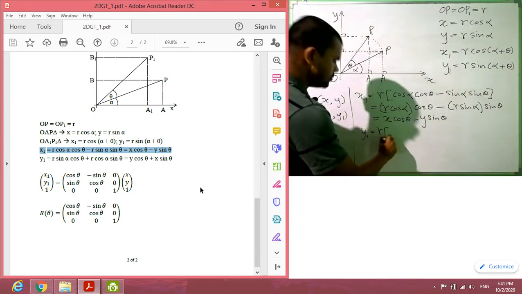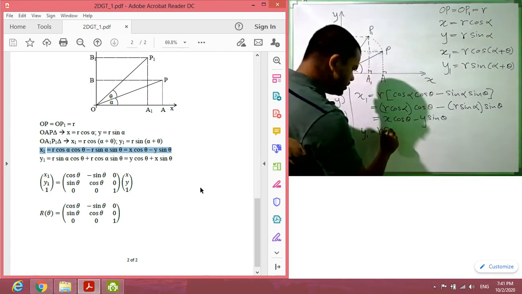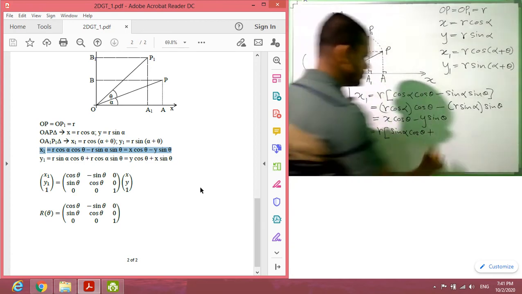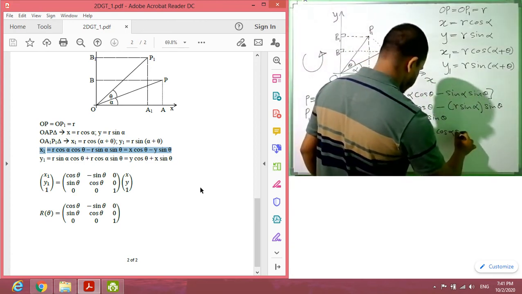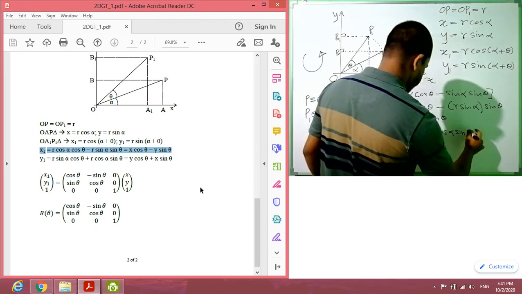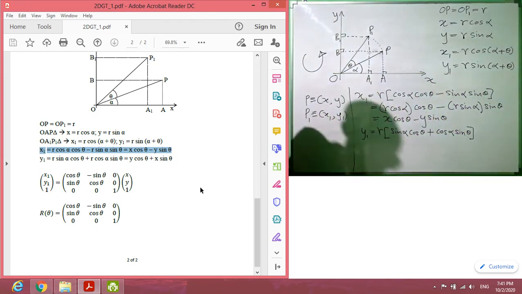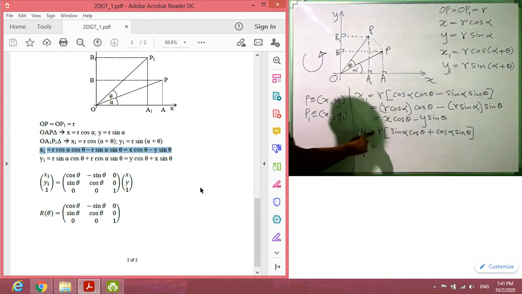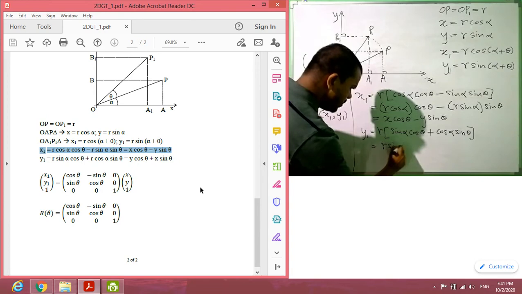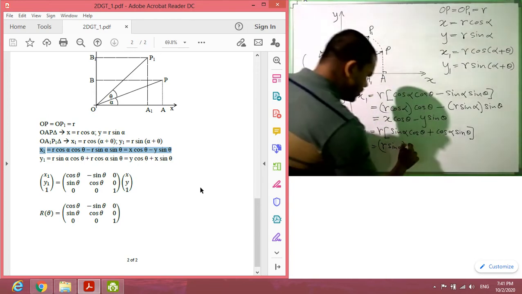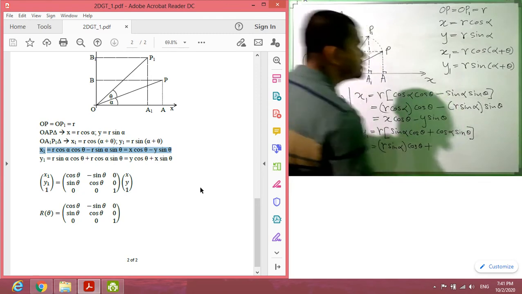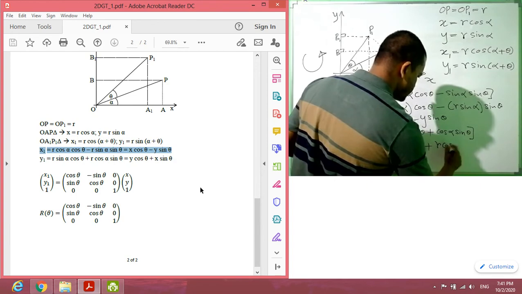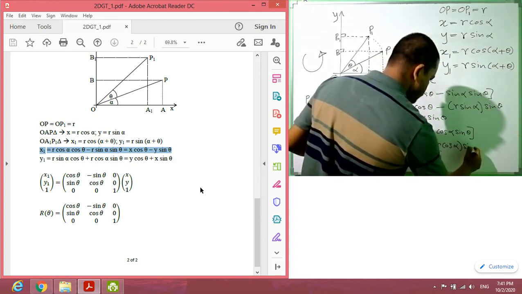R, this one we can expand: sin alpha cos theta plus cos alpha sin theta. Now again we try to form these two values. Here R sin alpha cos theta plus R cos alpha sin theta.